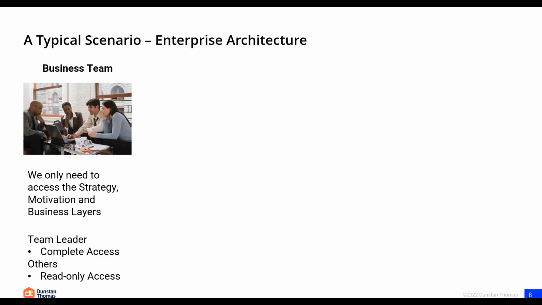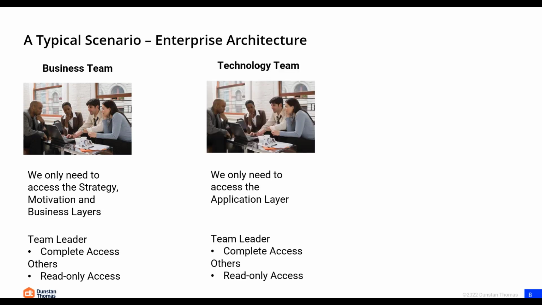The team leader has complete access, others have read-only access. The team leader is responsible for ensuring that the assets are up to date. They only need that section of the architecture. We have a technology team which are only going to be concerned with applications, application structure. Similarly, we could have an infrastructure team and so on and so forth.